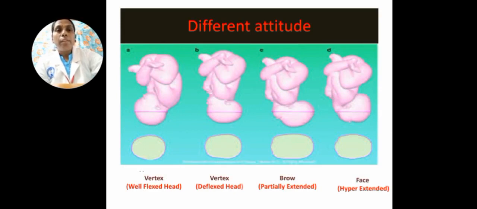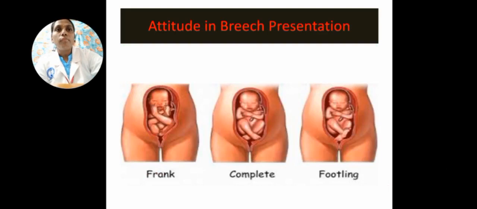The head can be well flexed, or it can be deflexed, otherwise called the military pose, where the head is neither in extension nor in flexion. The third is partial extension, which leads to brow presentation, and the last is hyperextension, which leads to face presentation.